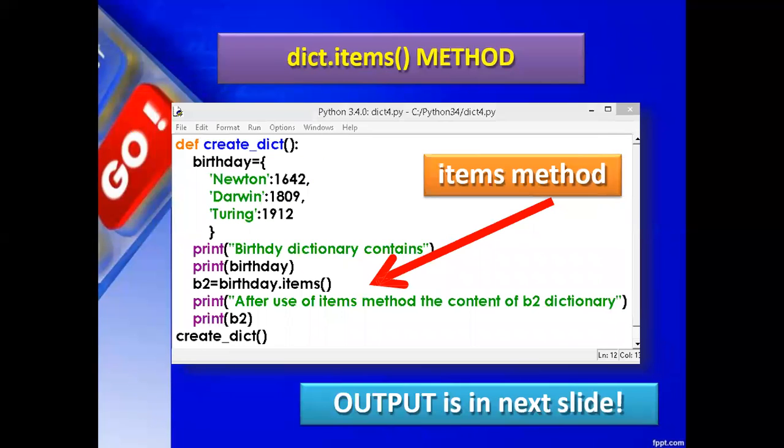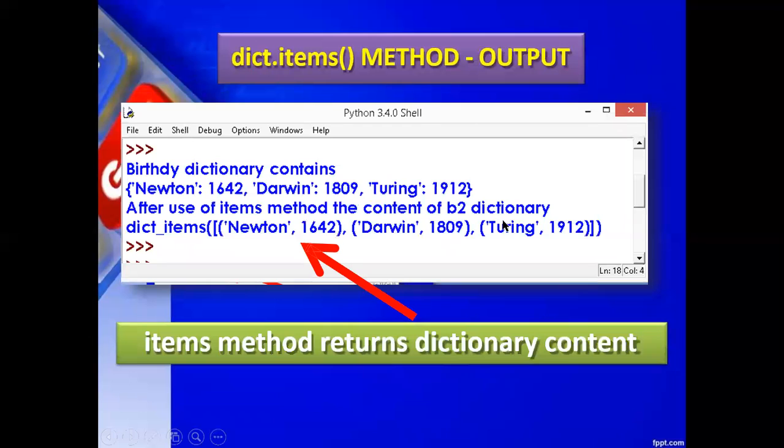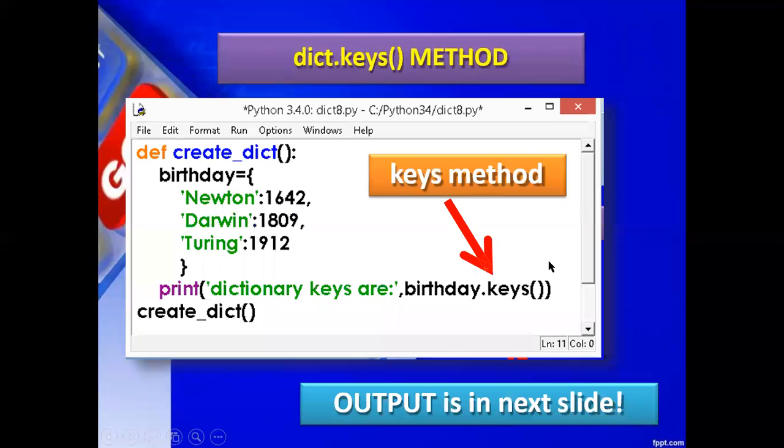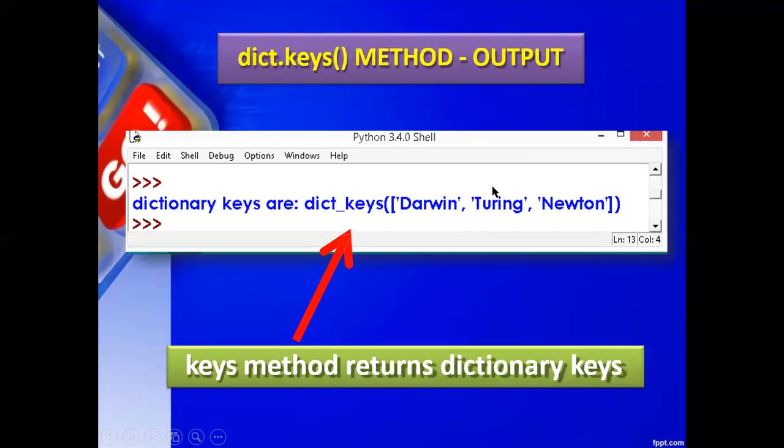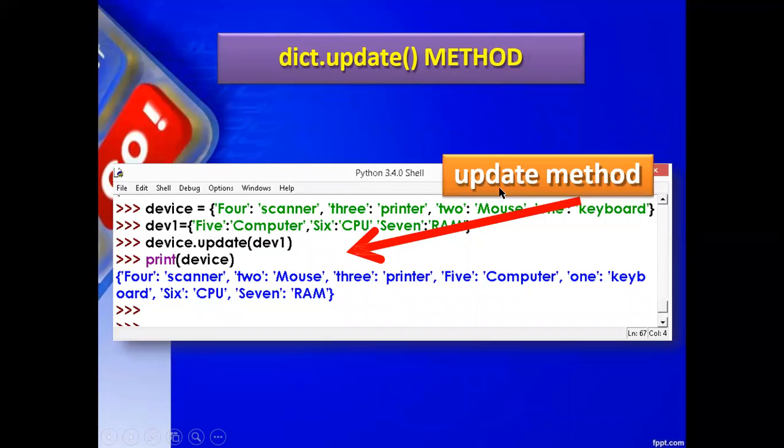Over here, you can see we are using the dict.items method, and after using the items method, you will see that all the items are in tuple format, separated by a comma. Keys method, it becomes a list of the keys of that dictionary. Update method.